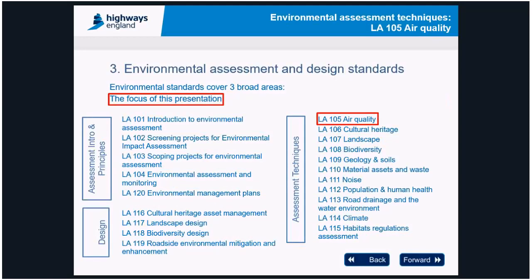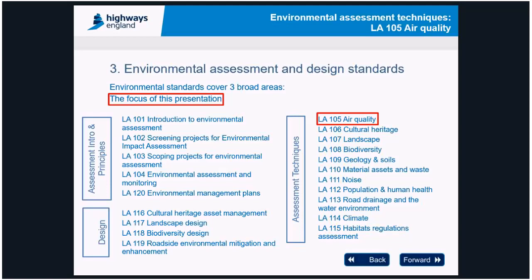The environmental assessment and design standards are currently situated in volumes 10 and 11, as they always have been. They're split into three broad areas. There's the assessment and introduction to principles, which contains the documents LA 101 to 104, which run through the general environmental assessment documents, and also LA 120, which is the environmental management plans.